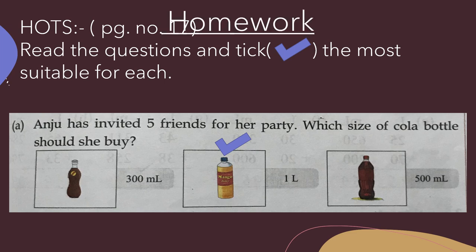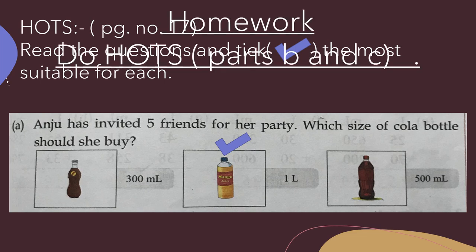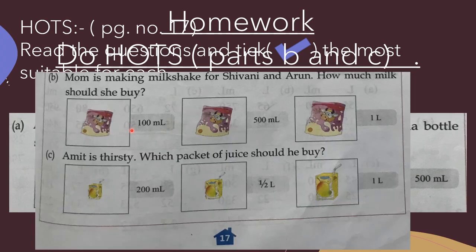Now beta, today's homework: do HOTS parts B and C. Okay, these are the HOTS questions. Mom is making milkshake for Shivani and Arun. How much milk should she buy? 100 milliliter, 500 milliliter or 1 liter. You have to give the suitable figure.